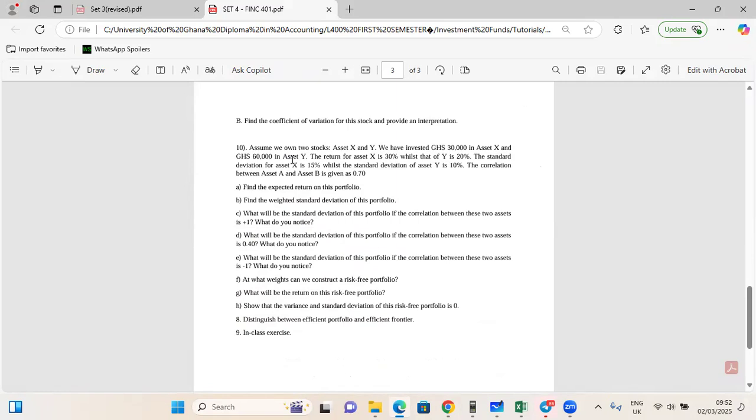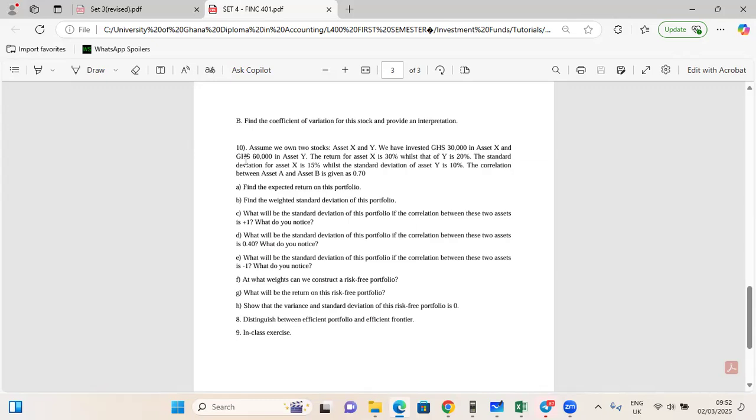So assume we own two stocks, assets X and Y. We have invested 30,000 in asset X and then 60,000 in asset Y. The return for asset X is 30%, whilst Y is 20%.